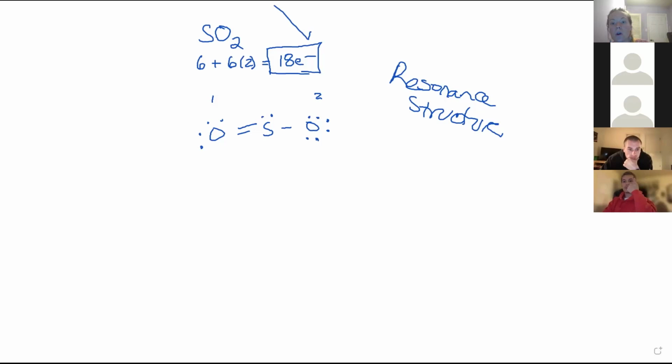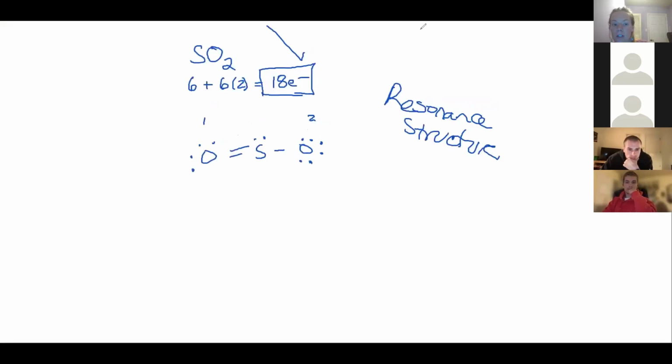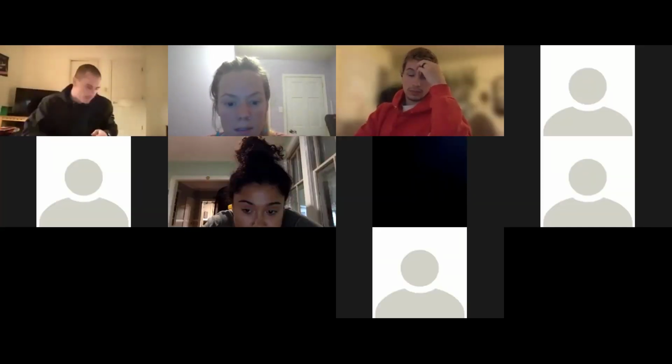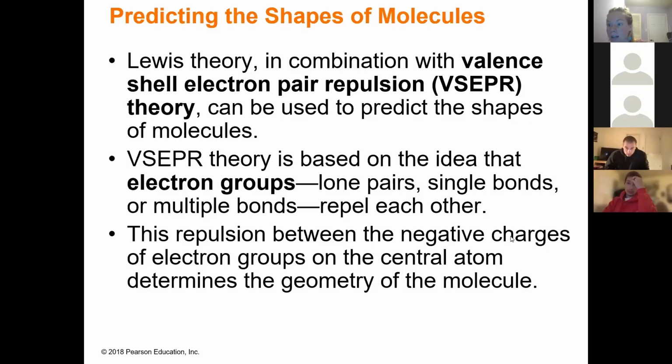Okay, so we are going to take this Lewis structure stuff and bring it into three-dimensional space, because molecules aren't flat. When we're doing the Lewis structures, they appear flat because we're putting them on a piece of paper, but they actually move forward and back in space.